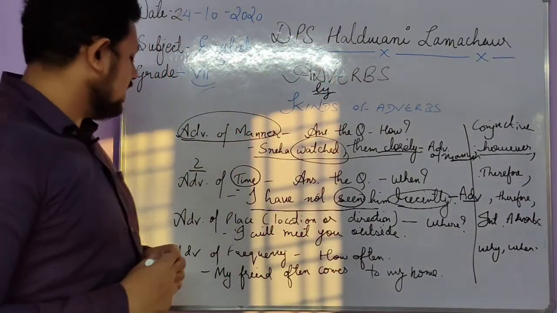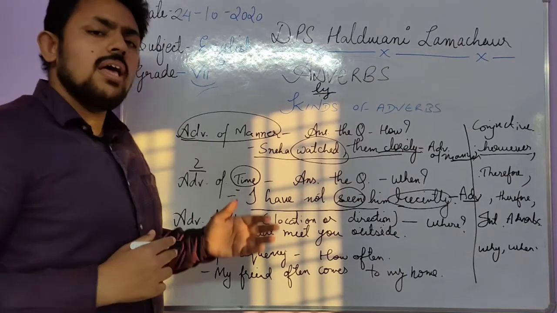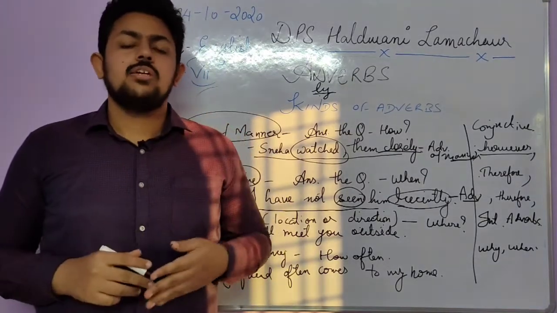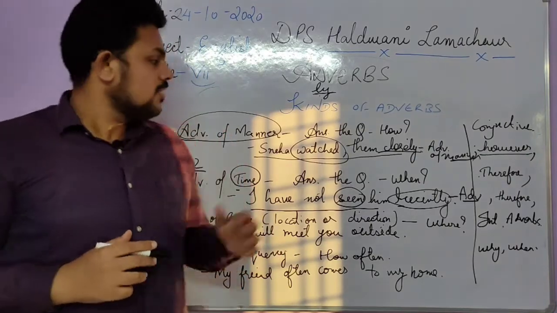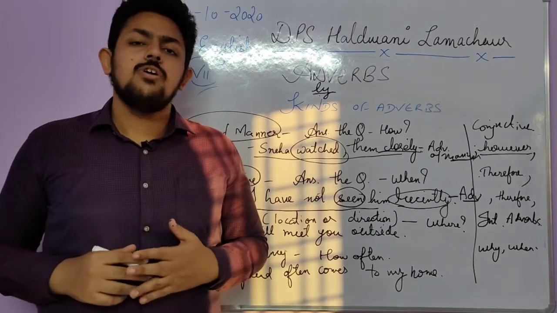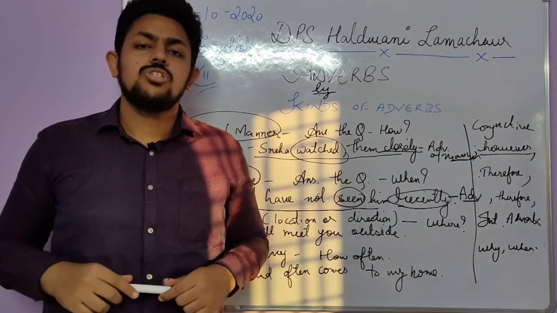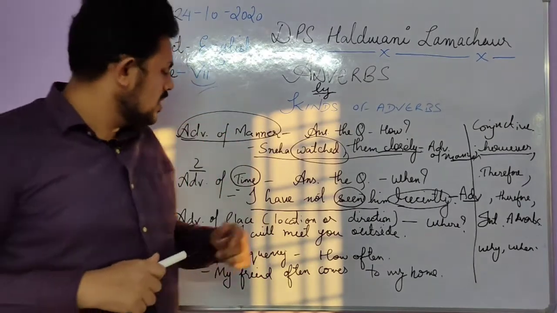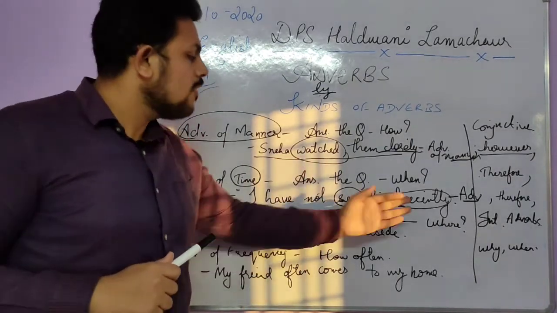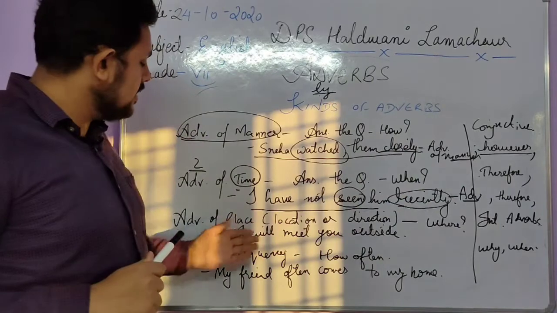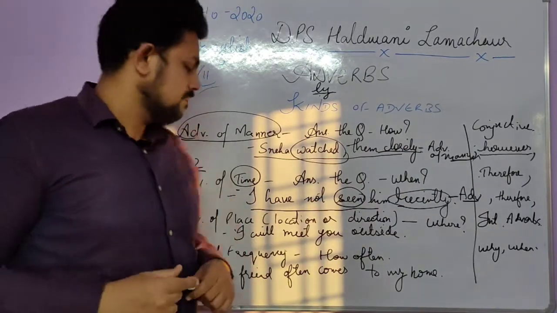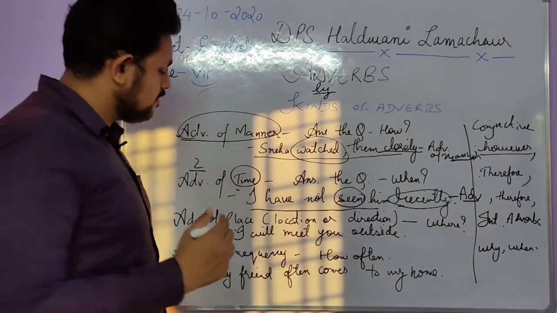Now the third category, adverb of place. When we have time, we ask the question when. When we have manner, we ask how it happened. When we have place, we ask the question where. So the adverb of place asks the question where, and it means location or direction. See the example.